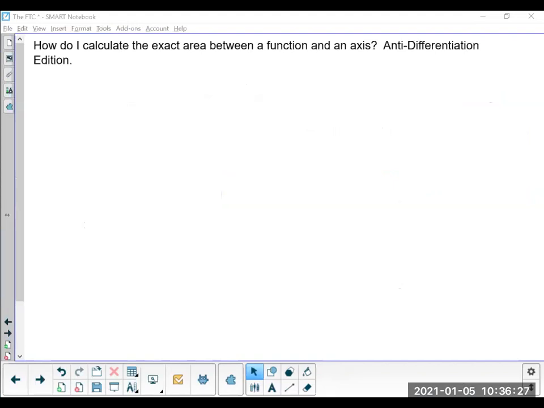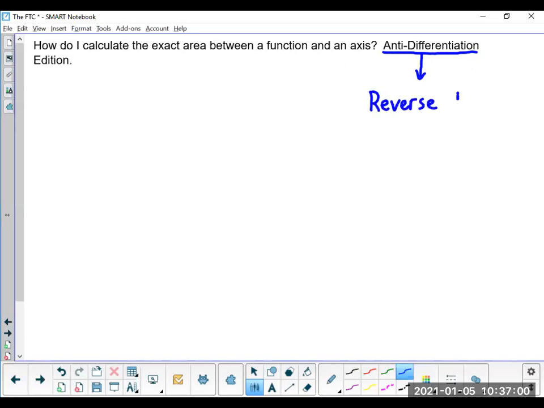So we've been looking at the exact area between a function and an axis, and we looked at 3 versions. Well, this is the 3rd version. This 3rd version is going to introduce a new idea, a new operation called anti-differentiation. Anti-differentiation is exactly what it sounds like. We've talked about this briefly before, but it's been a while. Anti-differentiation is appropriately named.